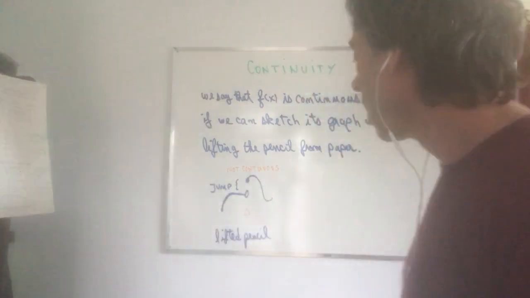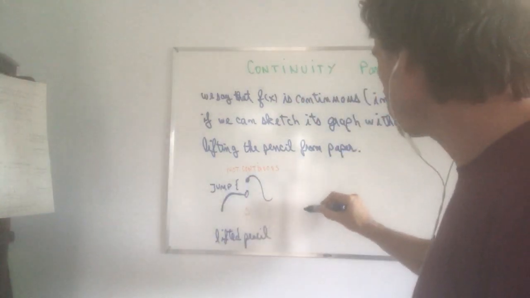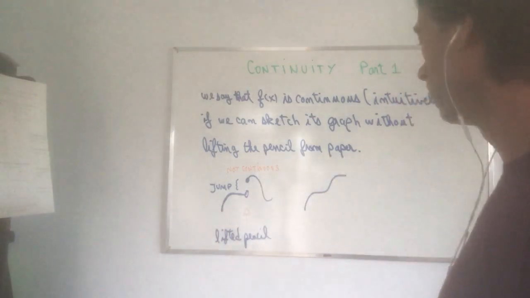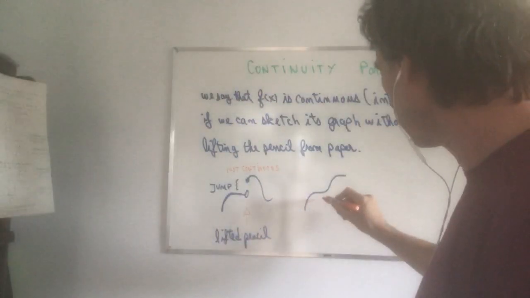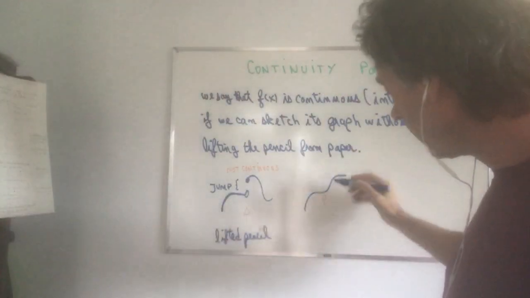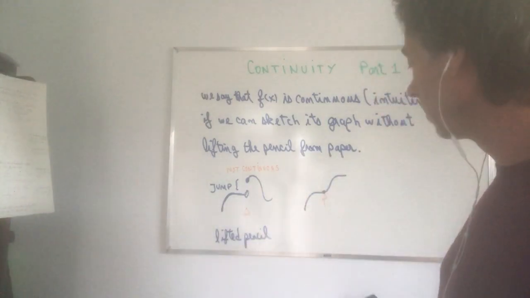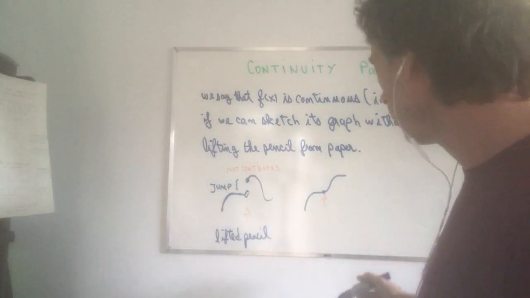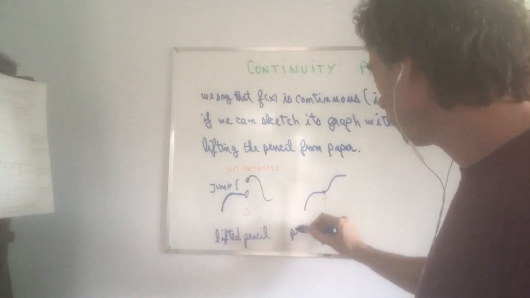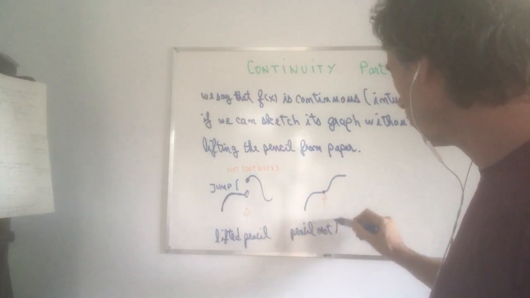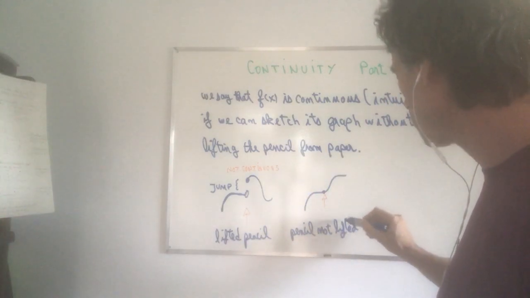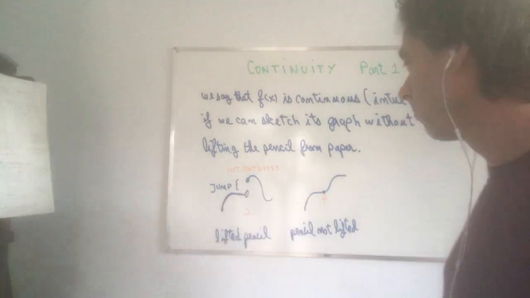We can call this a jump in the function. On the other hand, if I have something like this, then in order for me to sketch this graph at, say, this very point, did I have to leave the graph to go to another portion of the graph? No. So the pencil is not lifted. It's an easy concept to grasp from an intuitive point of view.